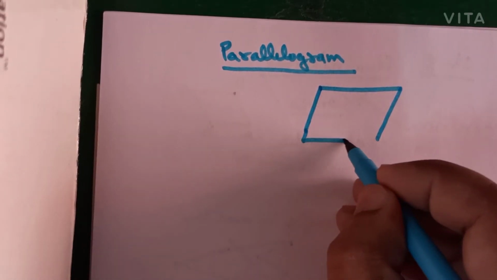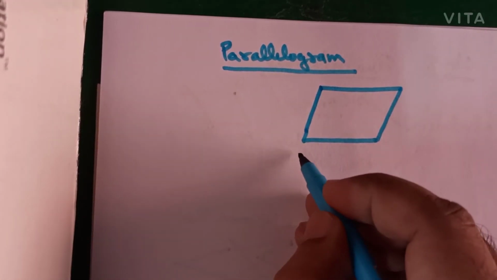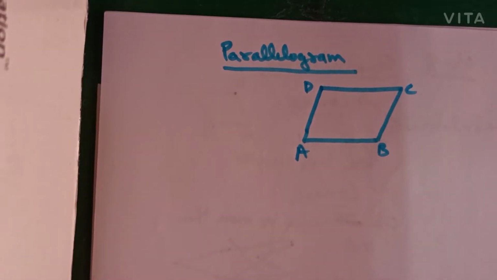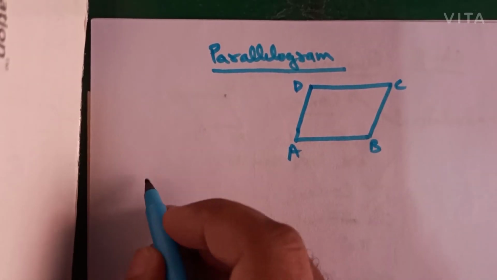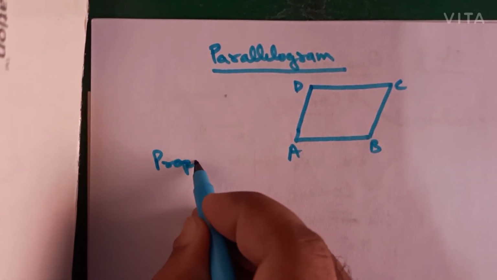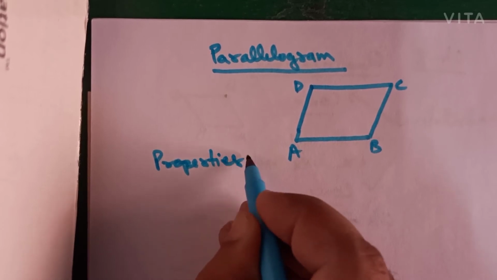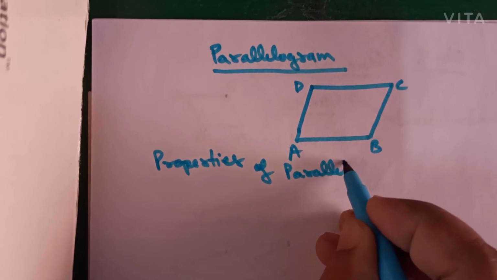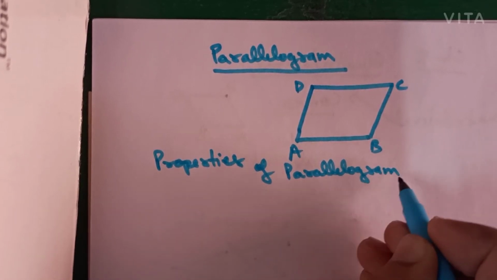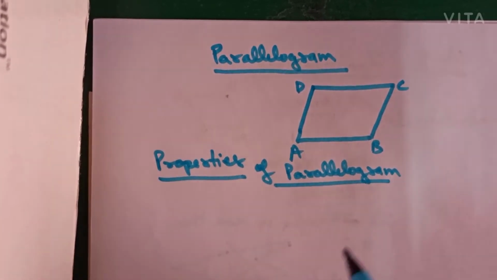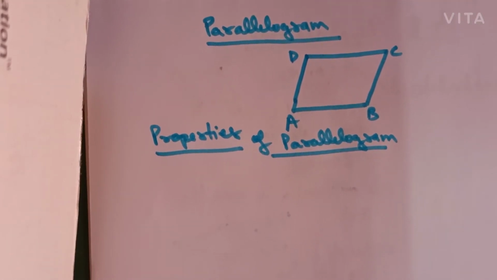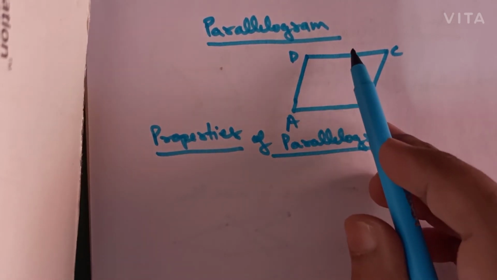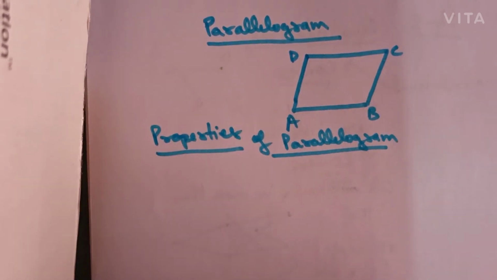The most important property of a parallelogram, again we will name it A, B, C, D. The most important property of a parallelogram is that a parallelogram is a quadrilateral in which both pairs of opposite sides are parallel to each other.